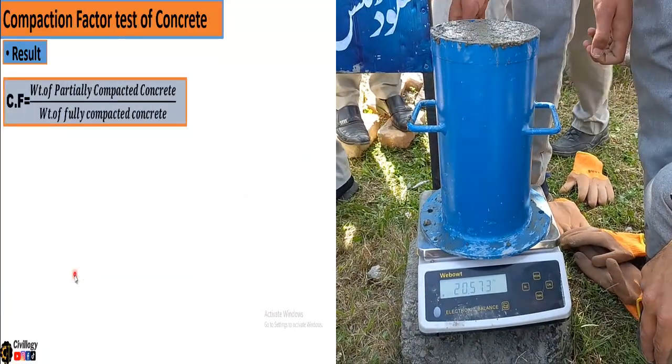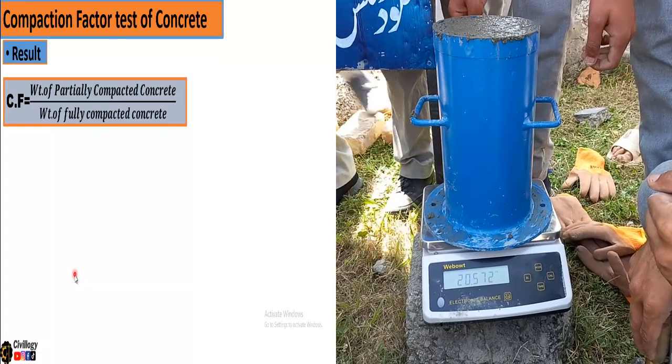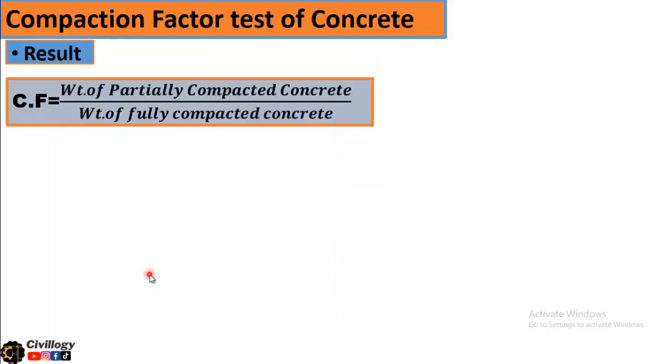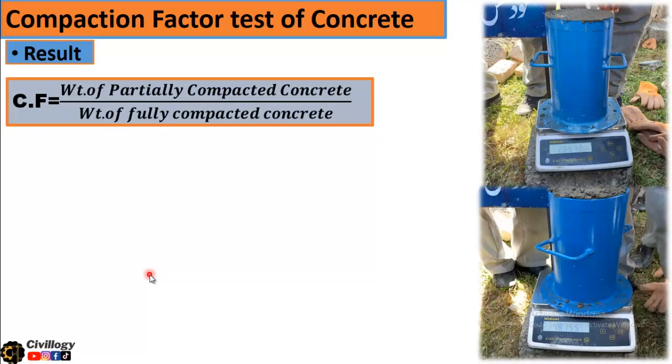Now coming towards the result, as I mentioned the formula, compaction factor is equal to the weight of partially compacted concrete over the weight of fully compacted concrete. As you can see over here, this is the weight of fully compacted concrete with the weight of cylinder, which was filled in 6 layers, and each layer was given 25 blows to get full compaction.